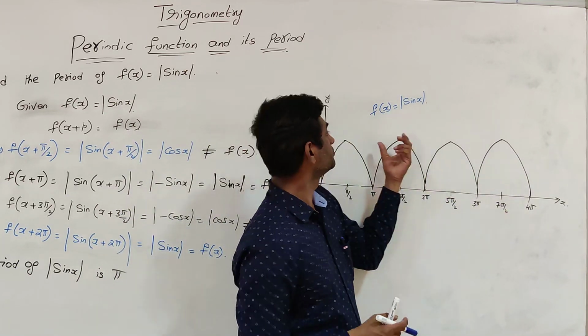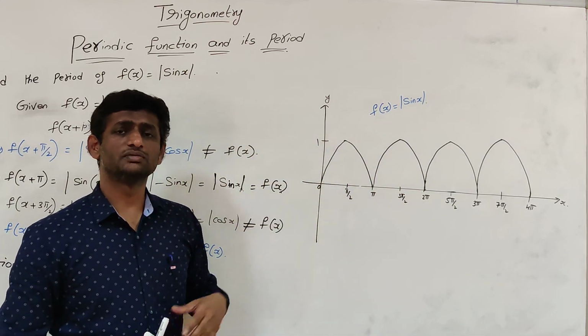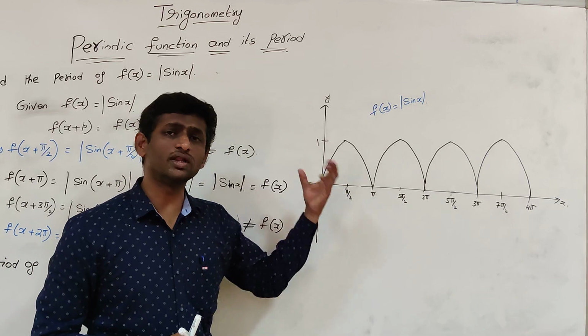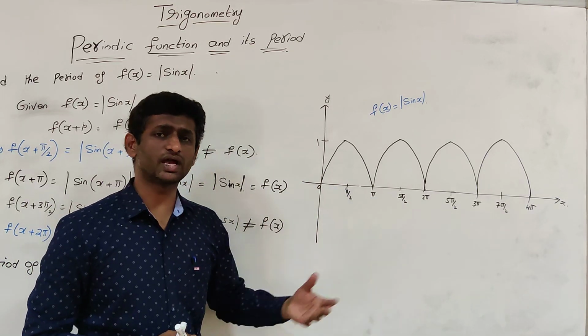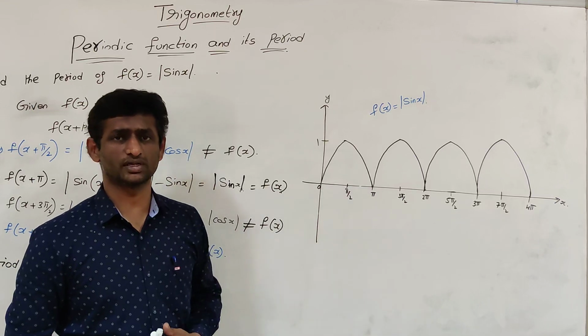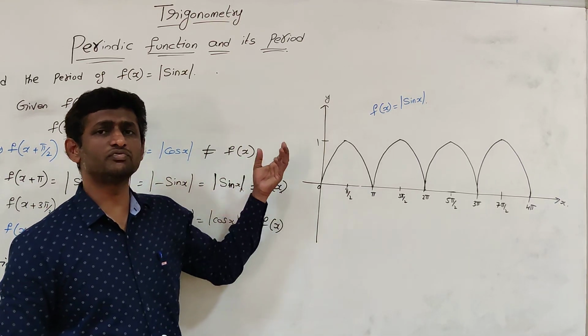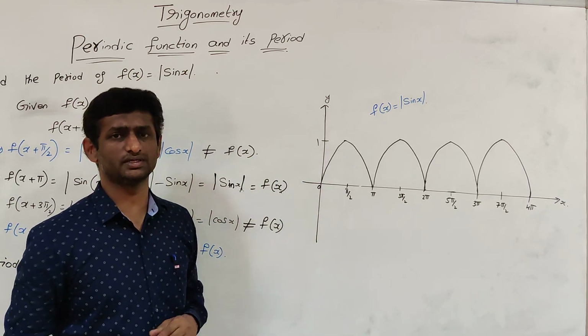So the period of mod sin x is always pi. Similarly, try for modulus of cos x, modulus of tan x, modulus of secant x, modulus of cosecant x, and modulus of cot x. Now we'll see a brief on the modulus function and what these periods are.